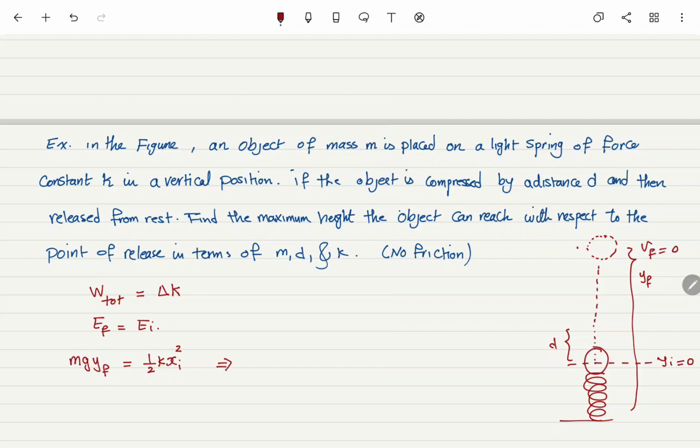Now if you simplify this one, you will get y maximum equal to 1 over 2 mg k d square, in such a way d here equal to x, the spring displacement.